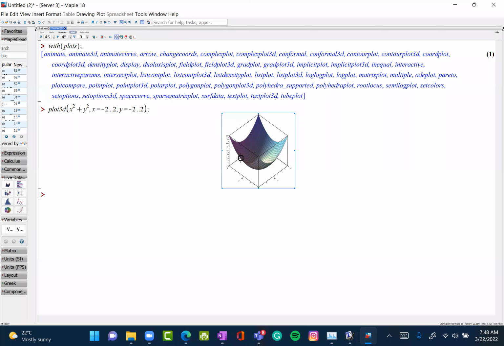Okay. I should be able to move this one. This is a parabola.